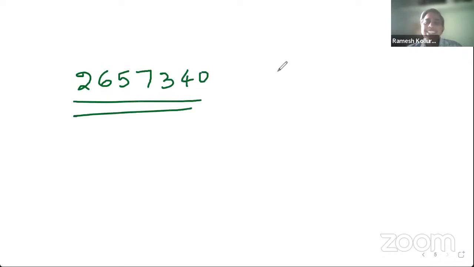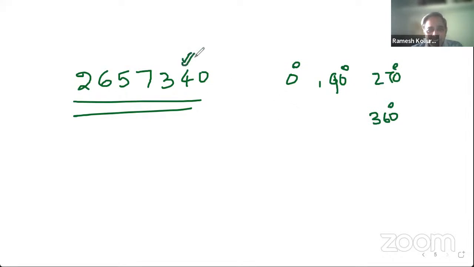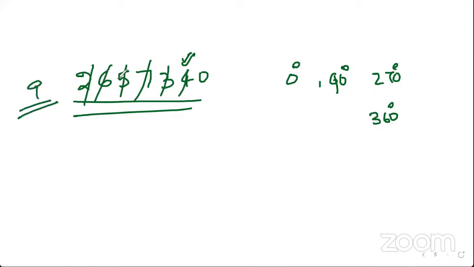Let us take an example: 2657 with digits 2 plus 7, 6 plus 3, 5 plus 4. Suppose this is the number, I want to say whether this is 0 degrees, 90 degrees, 270 degrees, or 360 degrees. Can anyone guess what this is? The digital root is 9, so it is a multiple of 90 only, correct?